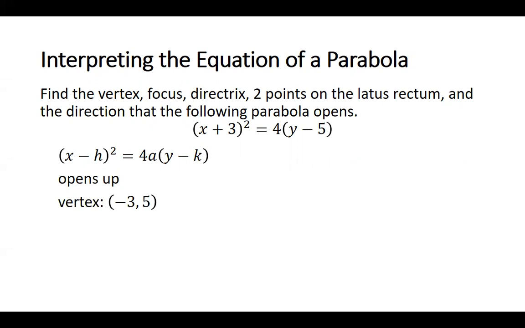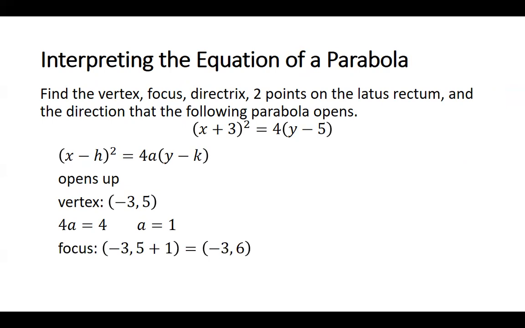We also know with this form that whatever constant is in front of that y minus whatever, that's equal to 4a. So 4a is equal to 4, so a must be equal to 1 in this case. So we have the vertex, we have a, which means I can now come up with my focus.